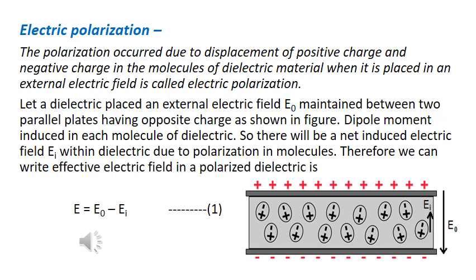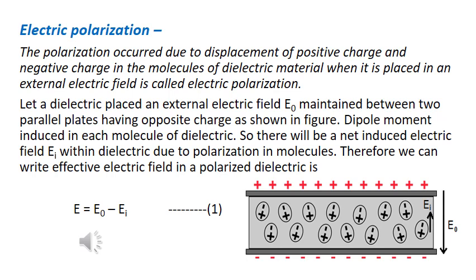A dipole moment is induced in each molecule of the dielectric, so there will be a net induced electric field within the dielectric due to polarization in molecules. Therefore, we can write the effective electric field in a polarized dielectric as E = E0 − EI.